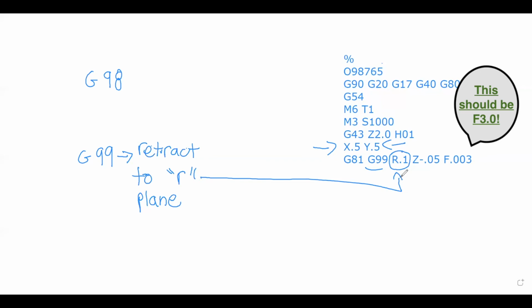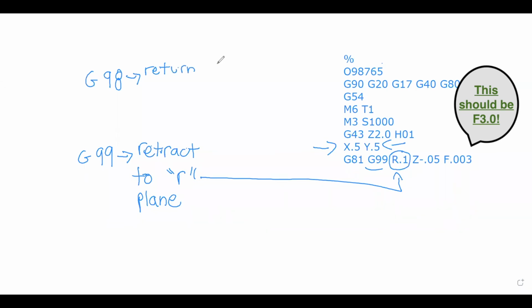If we had G98, this will return to the initial clearance plane. So what does that mean?